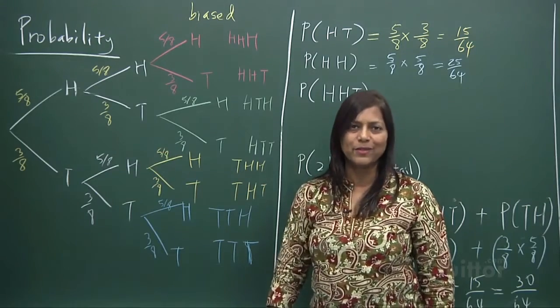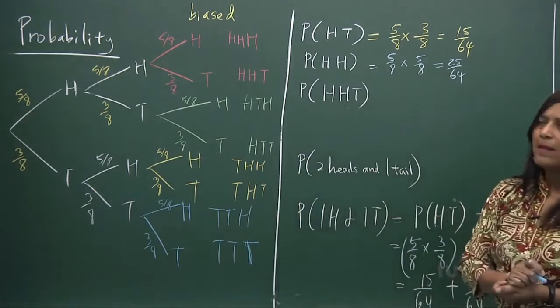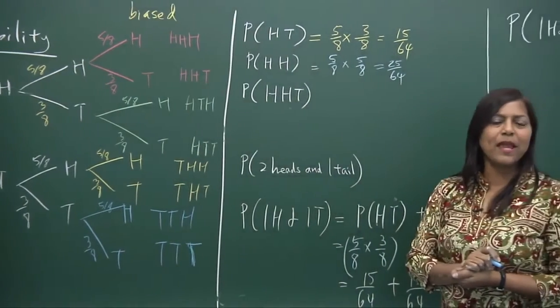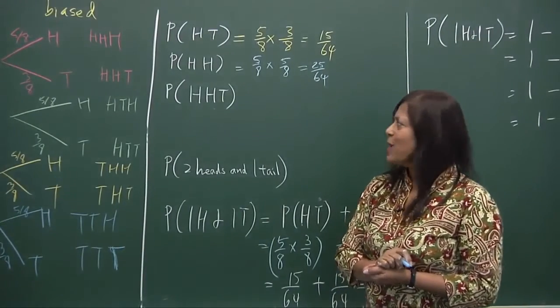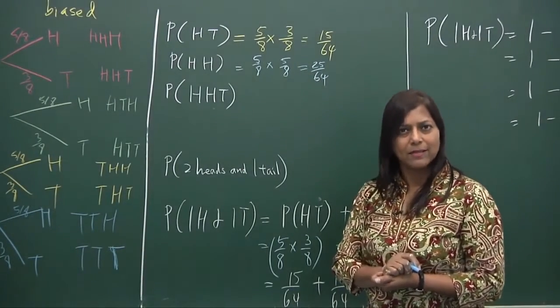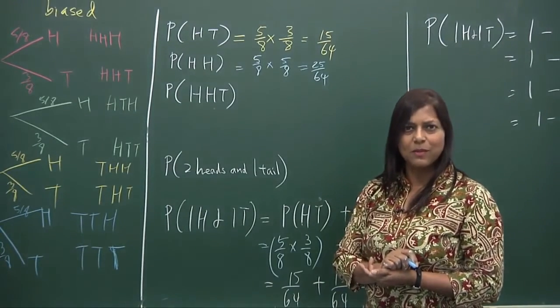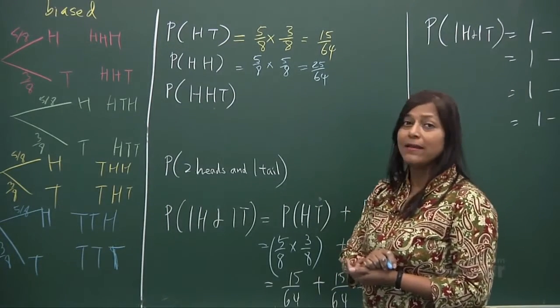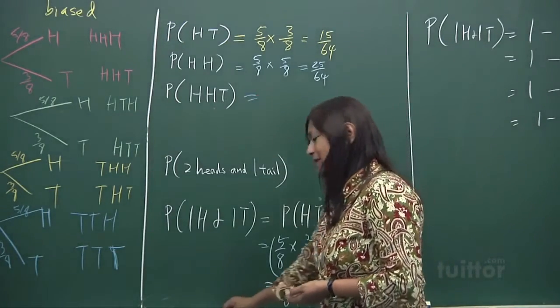All right, good. Now, my dear friends, we get back to this sum. Now, they want the probability of a head, head, tail. That means they're telling you we want the first one to be a head, the second one to be a head, the third one to be a tail. Fine. What's the probability of getting a head? 5/8.